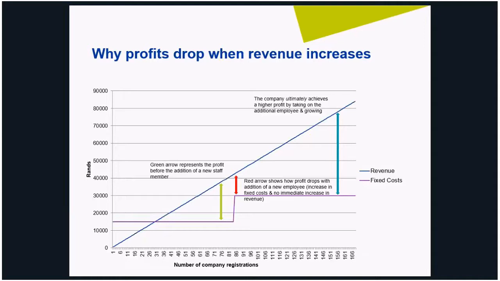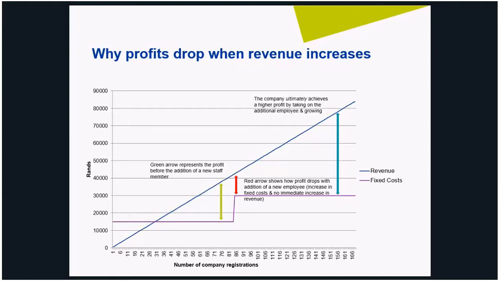When it makes that investment and increases the capacity, there is a drop in the level of profitability represented by the red line or the red arrow. However, as the company increases the amount of registrations it does, the investment pays off as shown by the amount of profitability that is achieved by the blue arrow.